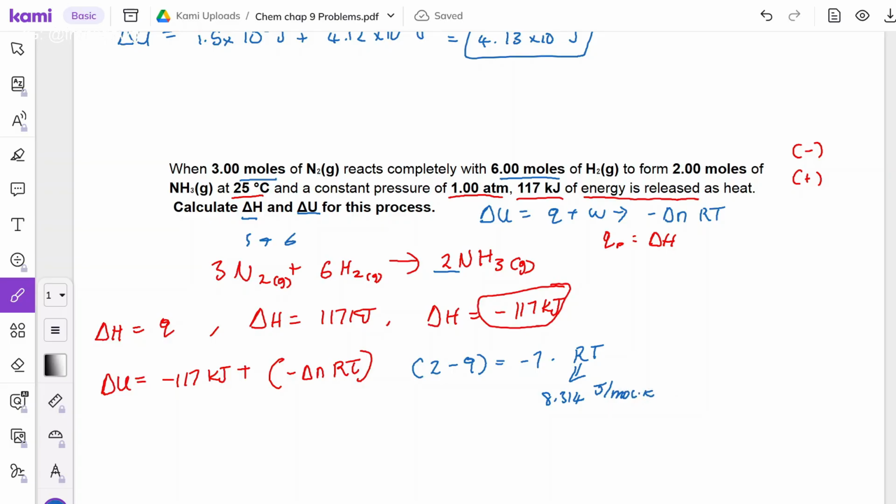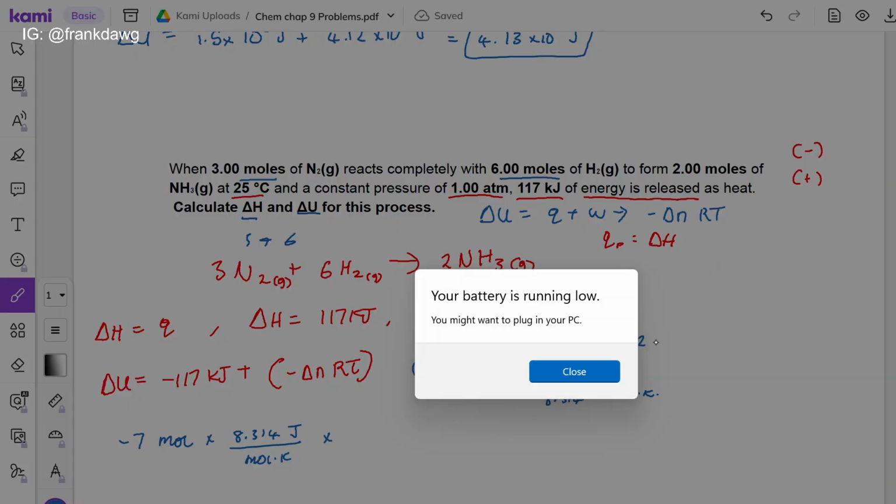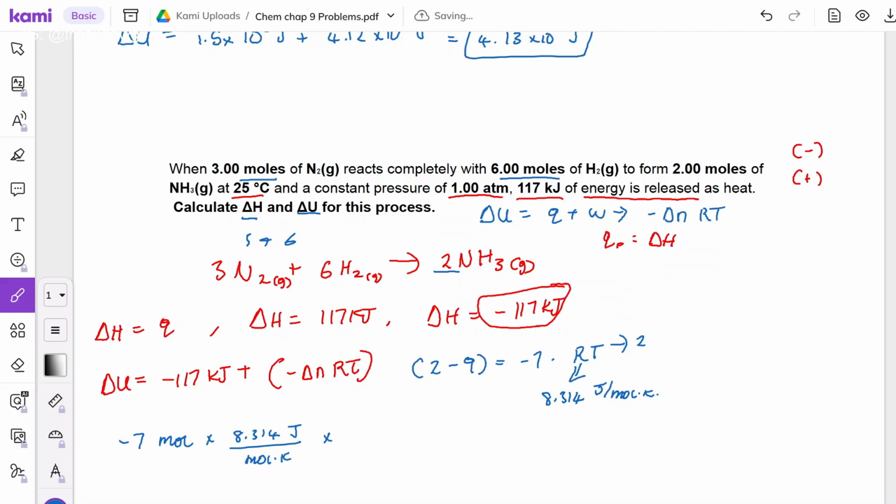When we plug this in, it's going to give us -7 moles times 8.314 joules/mole times K. And then the temperature as well: instead of using 25 degrees, we use T with units K, because the K has to cancel out. So the temperature has to be in Kelvin, which is 273 plus 25 degrees, which is 298.